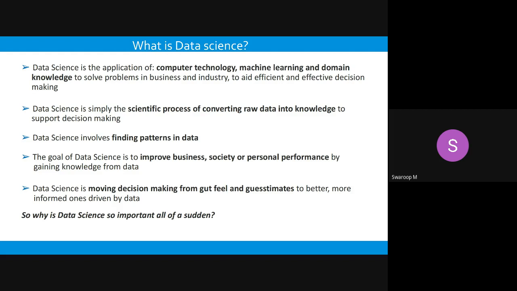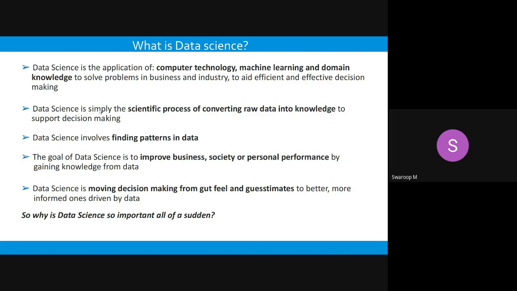That could be better actually. So have at least 5% of the domain knowledge of the task you are working on, to solve problems in the business industry and aid efficient and effective decision making.